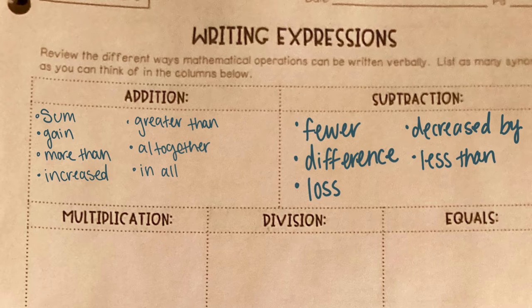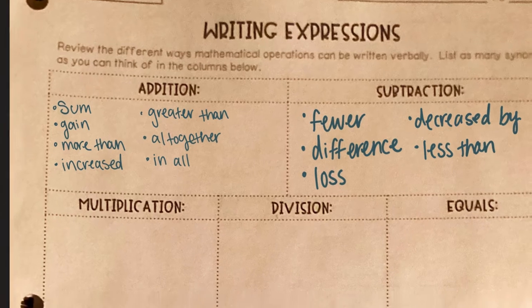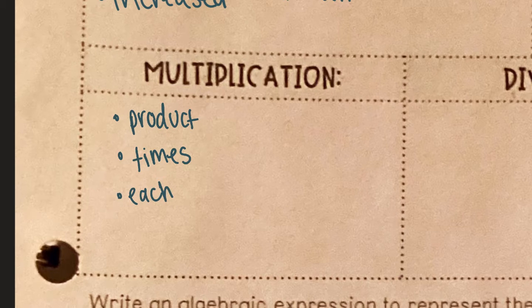Those are the main subtraction synonyms that we use when writing out our math problems verbally. Moving on to multiplication. Product is the word you're going to hear most. Times. Each. Per. And twice is another one. Those are all the word forms of multiplication.